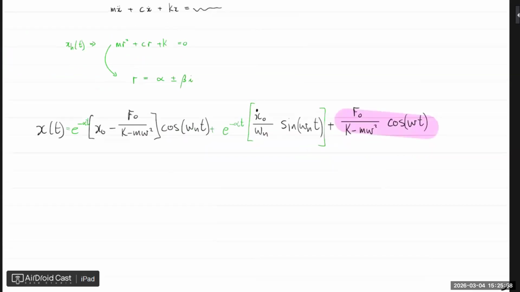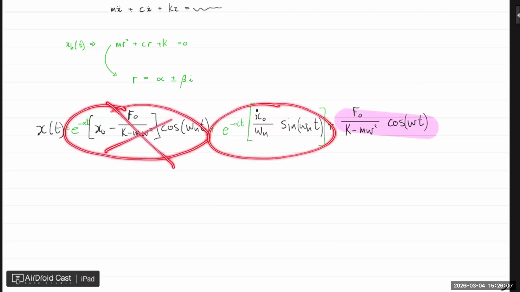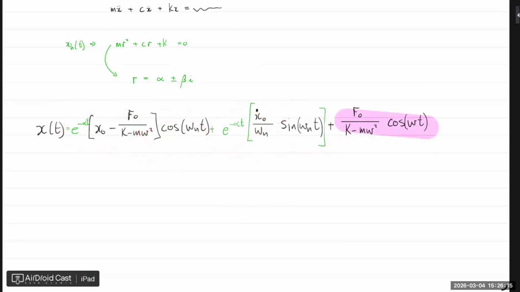What can you see if time increases to infinity or really large? Then this part and this part will basically fall away, and then we only have that. So eventually, if there's a damper, and we'll discuss that next week, we're going to go towards what the forcing frequency does.